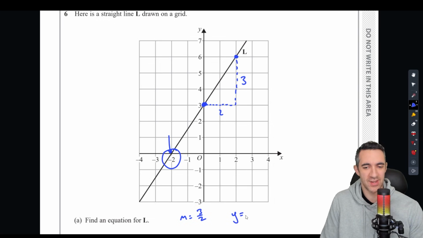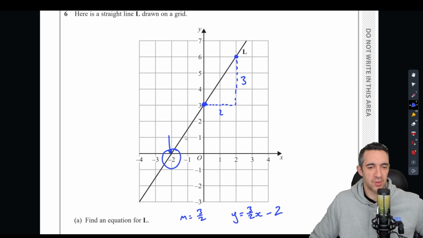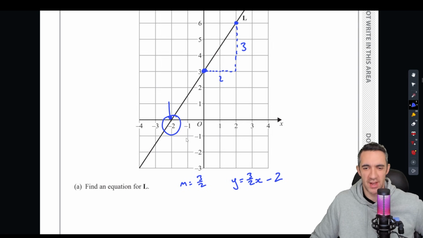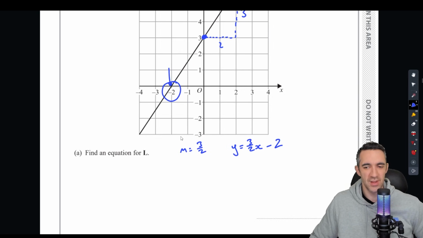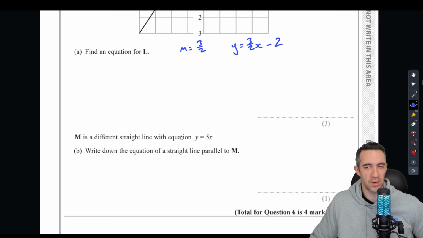So maybe 1 mark for my gradient, and then 1 mark for having the correct form, putting the gradient with the x, and then the minus 2 is my error. Yeah, I'm going to go with that. I think that's got to be 2, surely. I don't know how else you'd get 2 if it's not that. So I think that makes sense. We'll go with that.